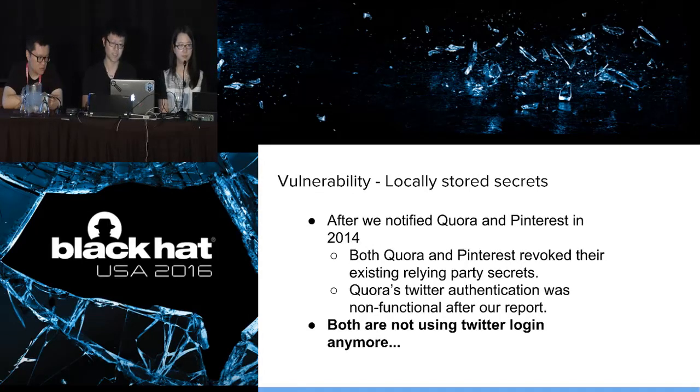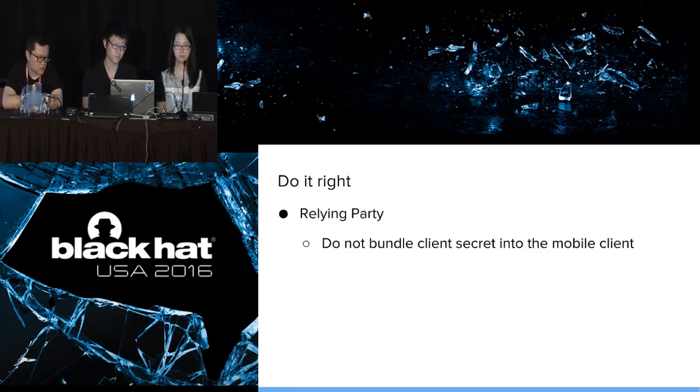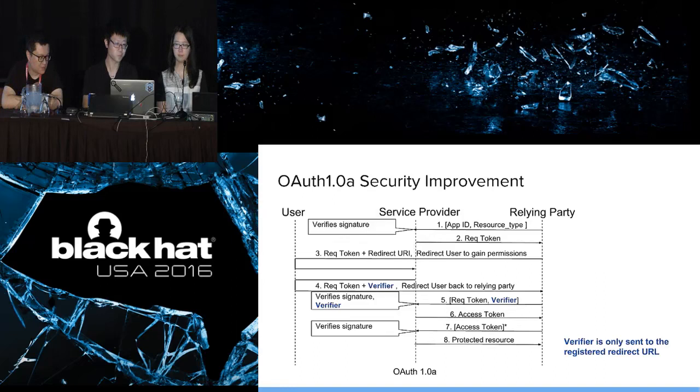Coral replied to us, and at that time they made their Twitter login non-functional. Right now when we check, both applications no longer use Twitter login anymore. So to do it right, just don't store any secret in the mobile application. Very simple.